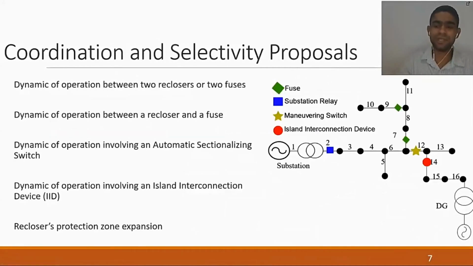Once we have the short circuit currents, we can verify the coordination and selectivity. So in our proposal, the dynamic of operation between two reclosers or two fuses is the same. The primary device must always operate first, and the rear guard only operates if the primary does not. The dynamic of operation between a recloser and a fuse is a little different.